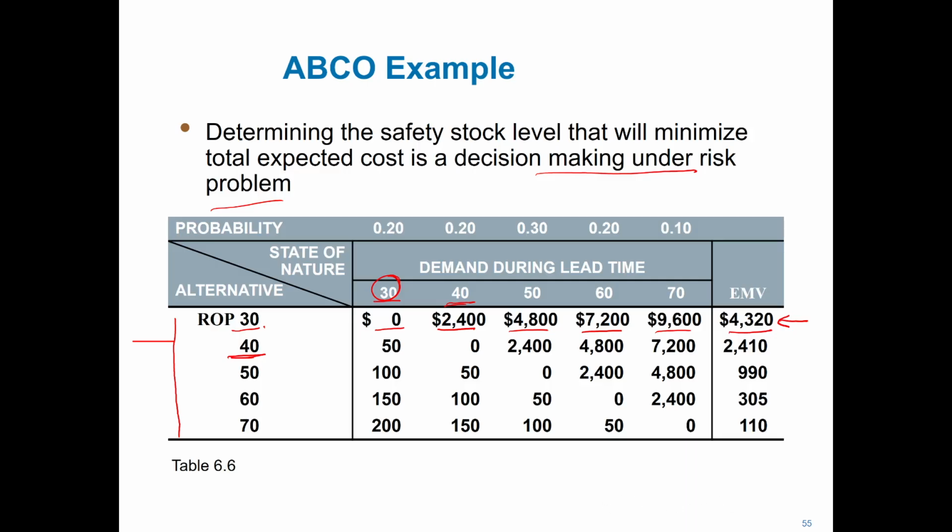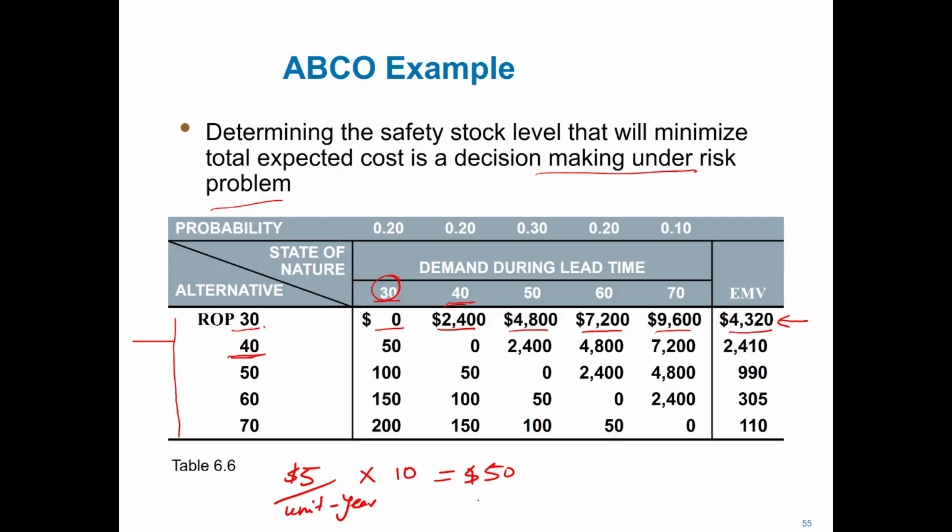This means we have $5 per unit per year as the cost of holding. Then 10 units we are holding for 1 year, so this means that $50 is the cost.